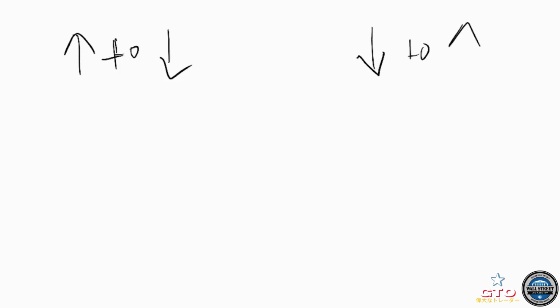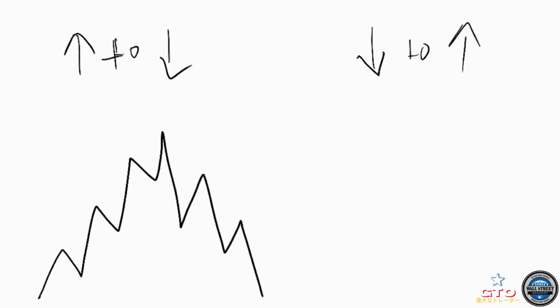So this right here is the overall transition phases. This right here is an uptrend to downtrend, and a downtrend to uptrend. Okay, so we have our uptrend right here, break of structure, downtrend.